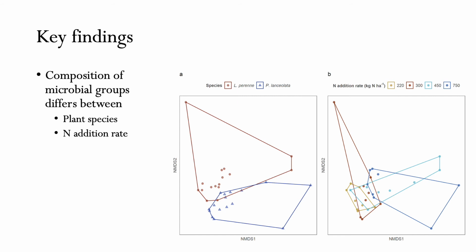You see that there's a very clear separation of the microbial group composition between the plant species. And this really highlights that each plant species fosters a distinct microbiome in its root zone, which is quite likely related to rhizodeposits. And this is what we will look at next.